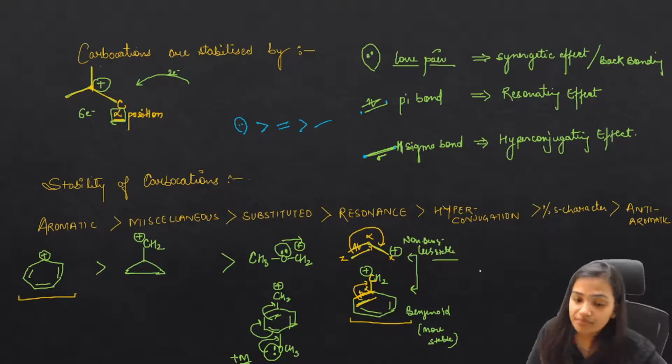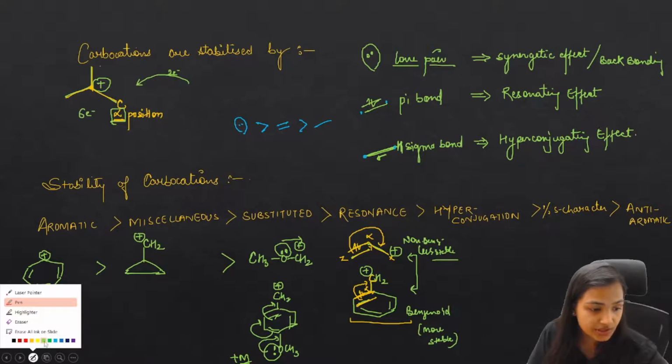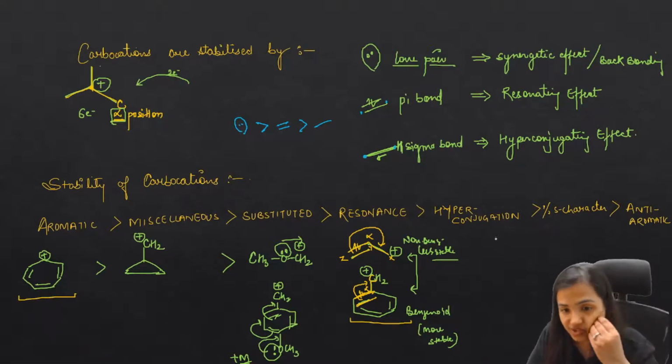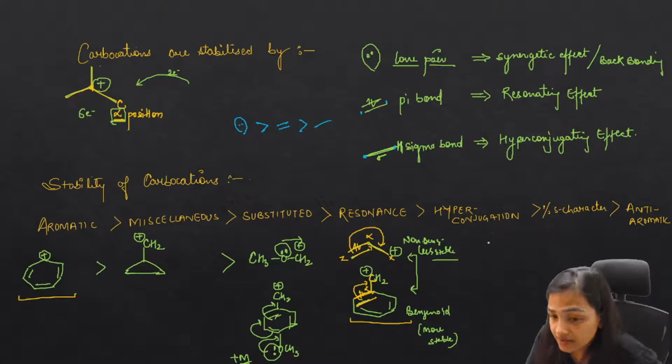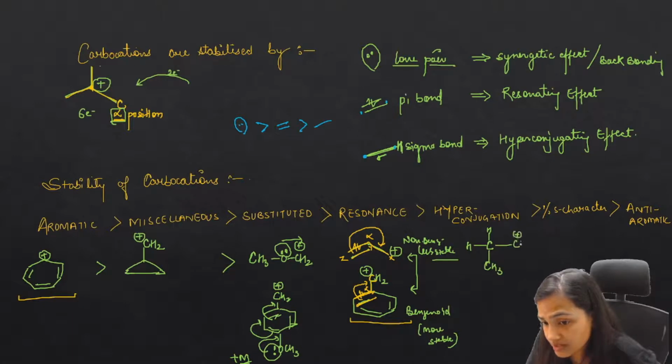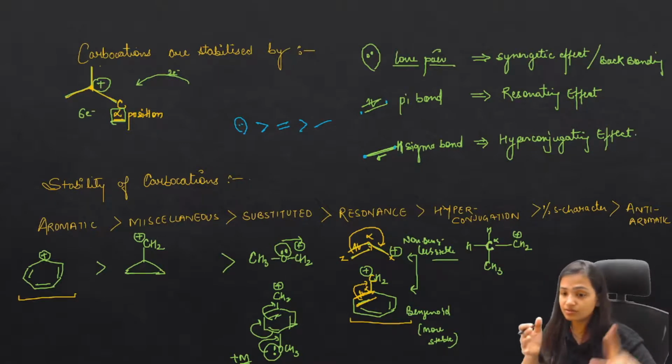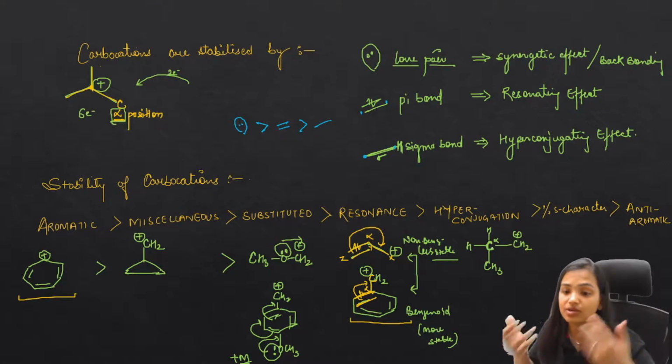Got it? Now we could have some examples of hyperconjugation. What do you understand by hyperconjugation? If you see, we have a compound with carbon and hydrogen, this is a CH3, and this is a carbocation, that is CH2 positive. At this alpha position there is no lone pair, no pi bond, no ring.